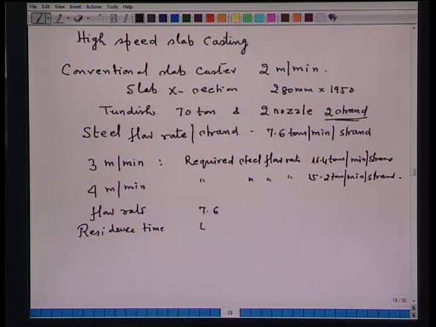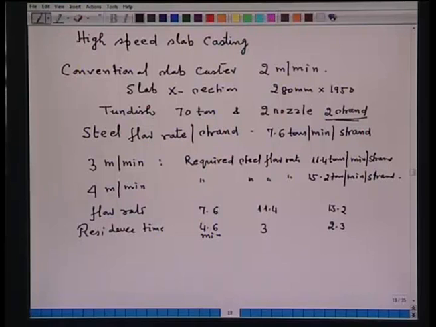So, here it is 4.6 minutes. Now, I increase to 3 meter per minute, the flow rate is 11.4 tons per minute, and here it is 15.2 tons per minute. Then here it is 3 minutes as the residence time, here it is 2.3 minutes residence time. Now, what does this calculation indicate? Why have I calculated it for you?